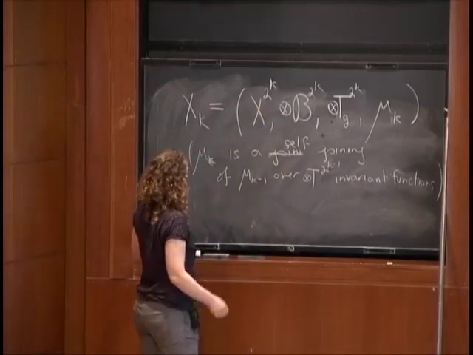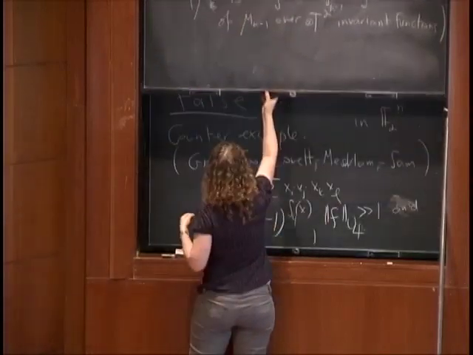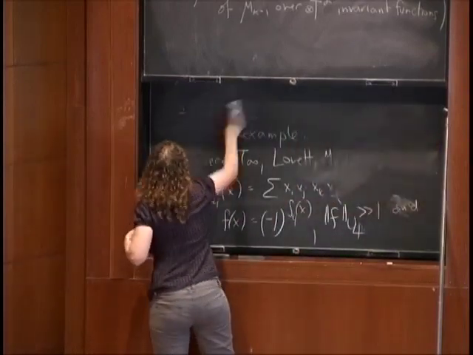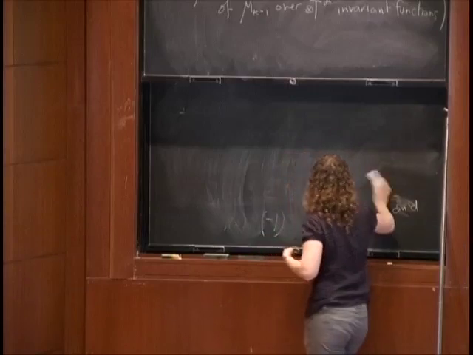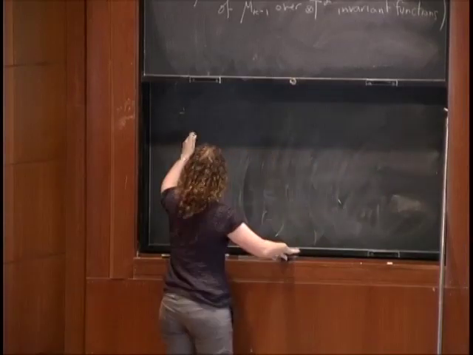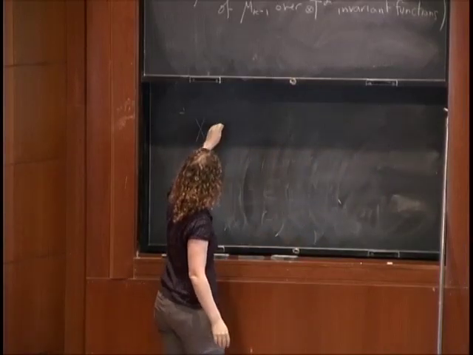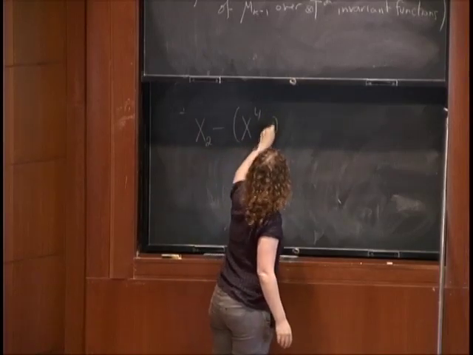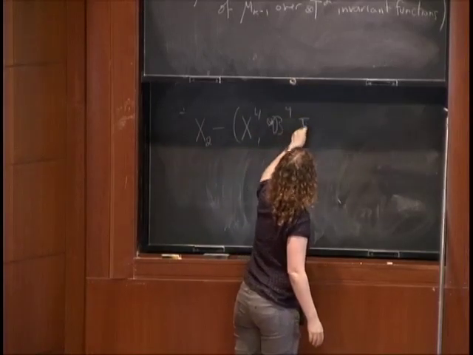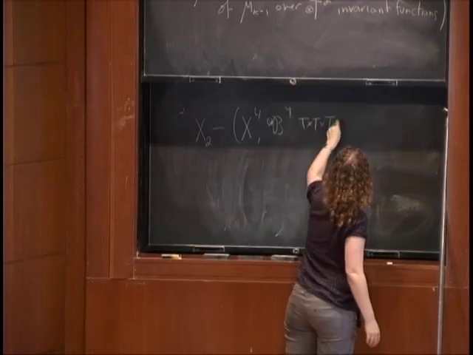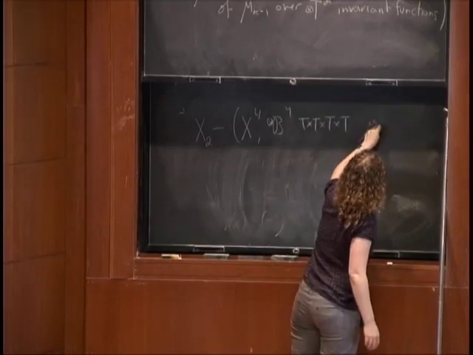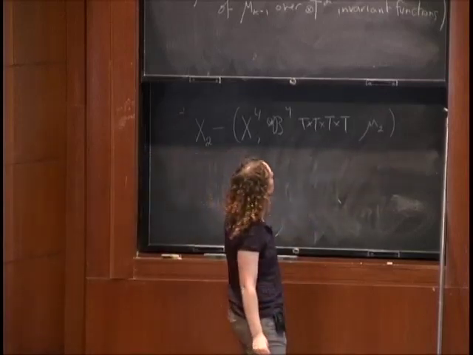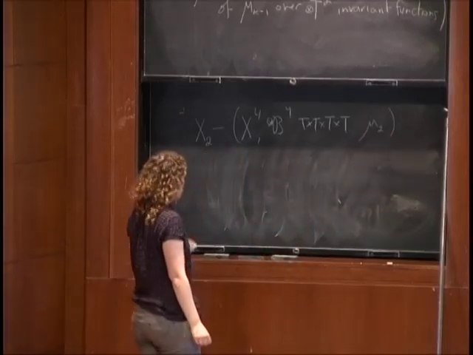So here is, for example, if you're looking at X_2, this corresponds to X to the 4th, tensor B_4, and T cross T cross T cross T, and some measure μ_2.